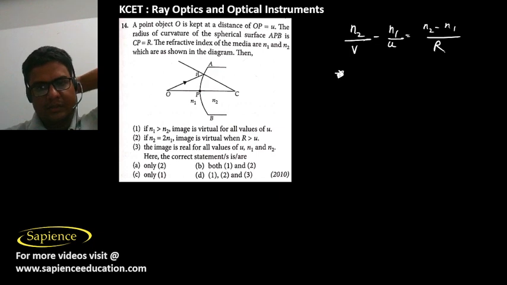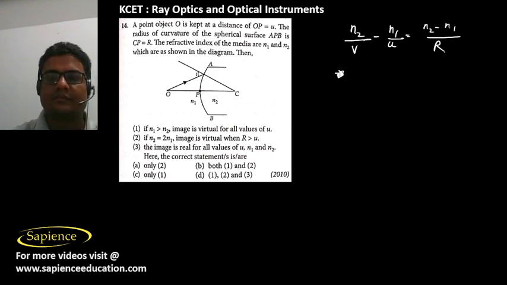The image is real. So what to find? The distance OP is U, so this will be minus U actually.